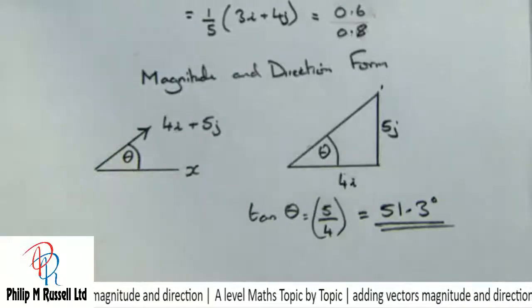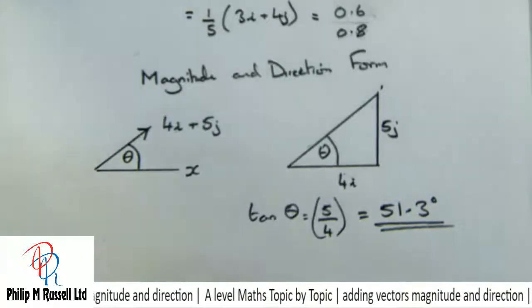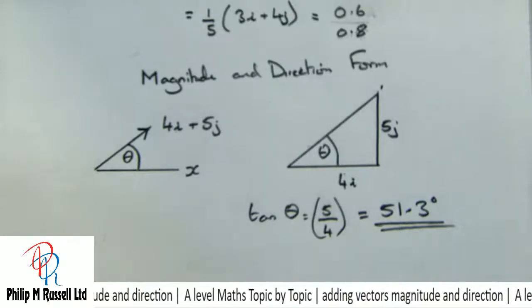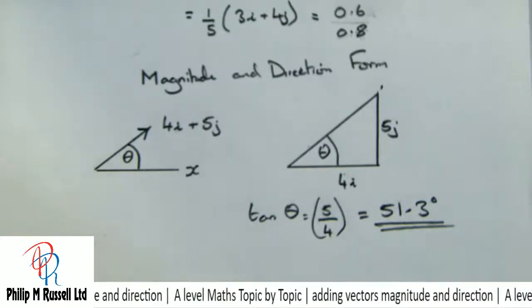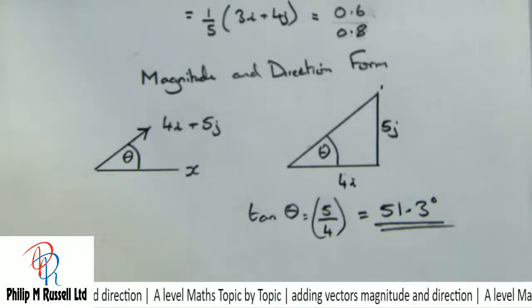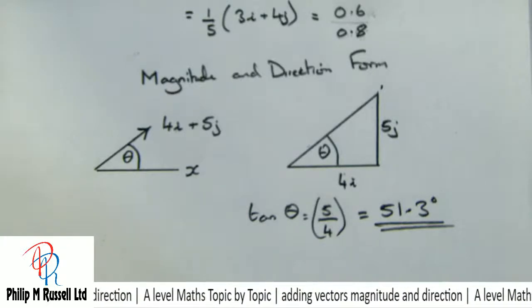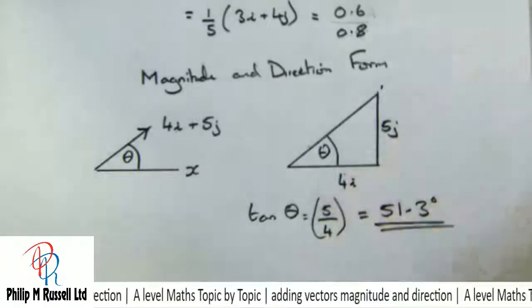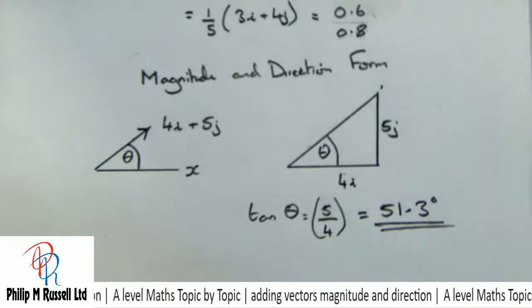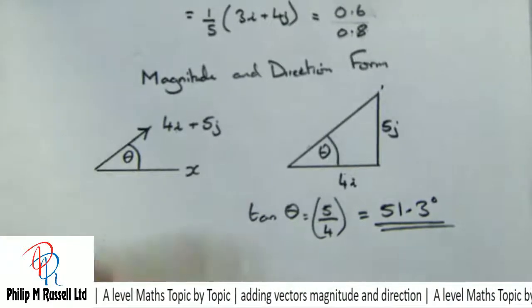So we can work out simply one of those by just putting the numbers in, so we can work out this magnitude and direction. What else can we do?